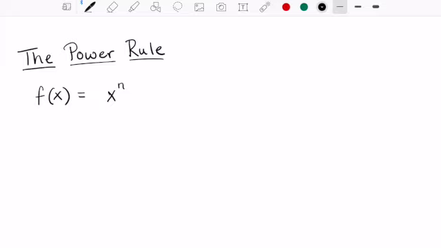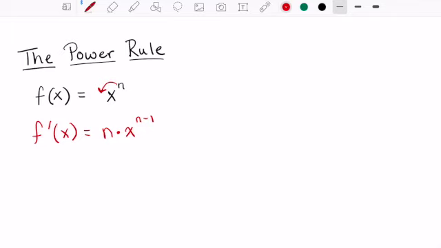So I want to start off by just giving you a very general rule for the power rule. If we had this function f of x equals x to the n power, when we take the derivative of this function, the rule states that n will come down and multiply to the coefficient of our variable. So I have n times x, and then my power is going to decrease by 1.